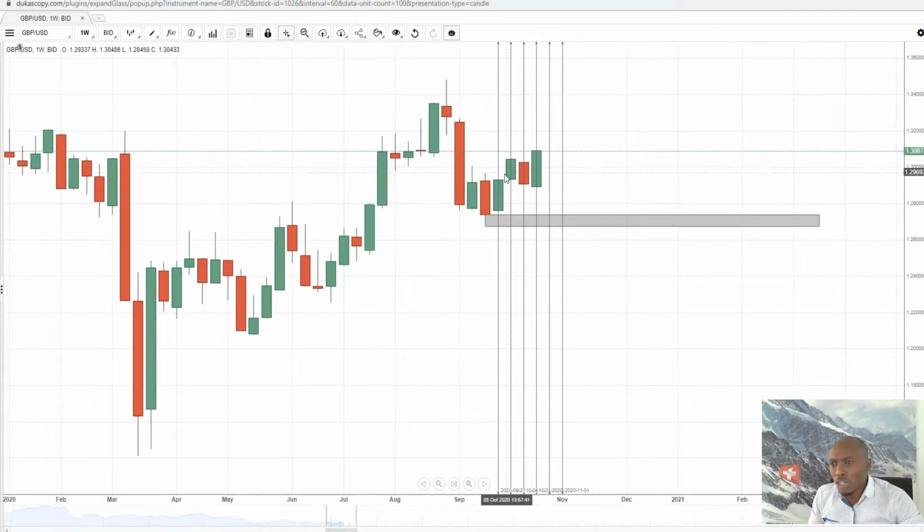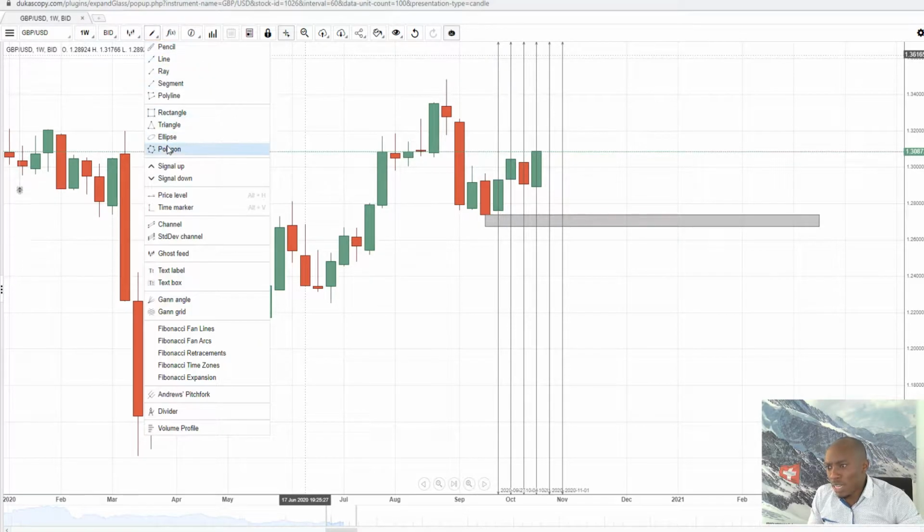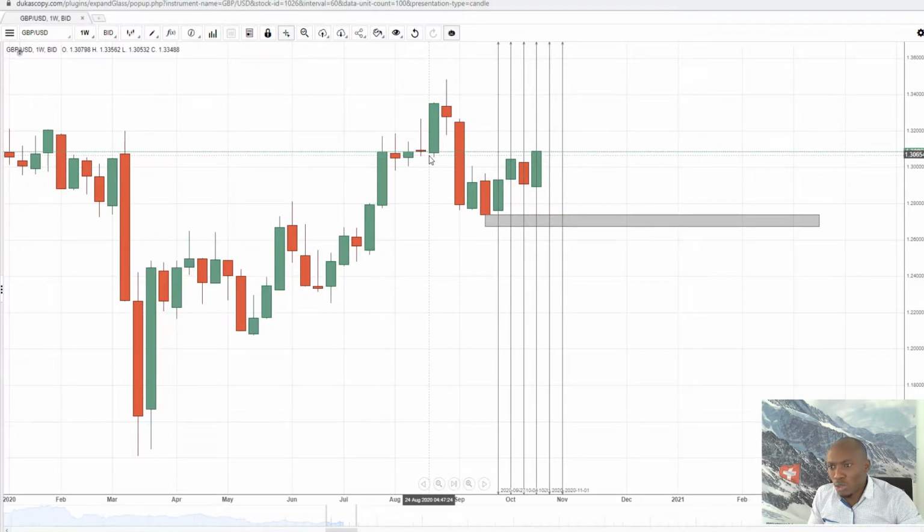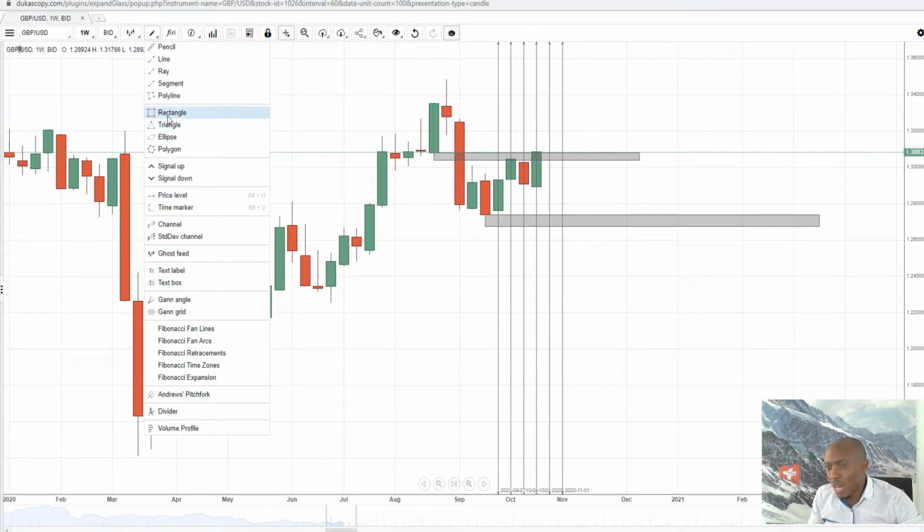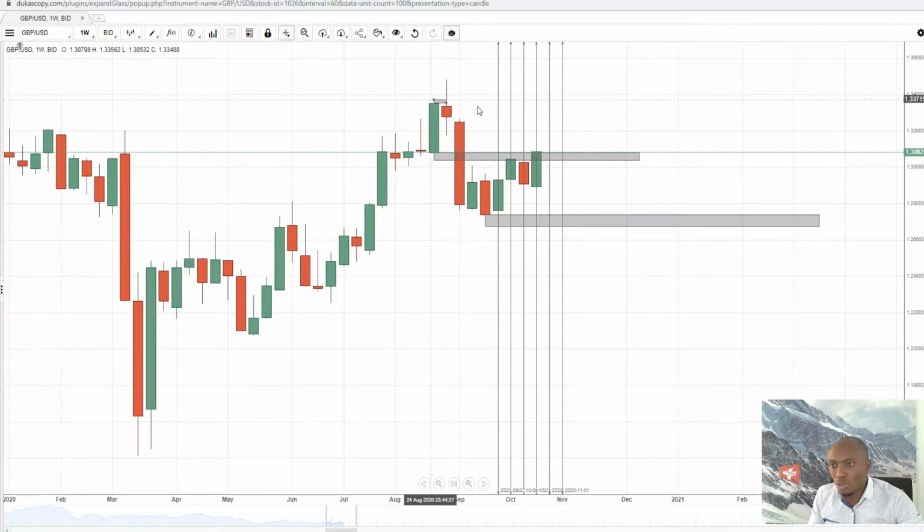And what am I looking at here? I can see this zone is kind of a major resistance. And what happened with this major resistance this week? The price has breached this major resistance. The next major resistance is going to be at this zone 2.